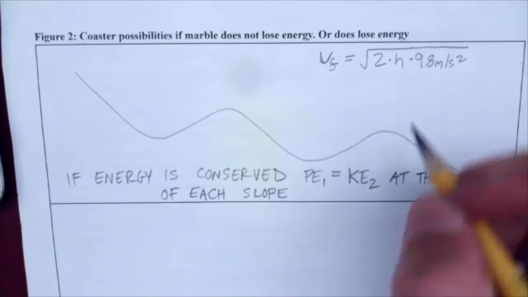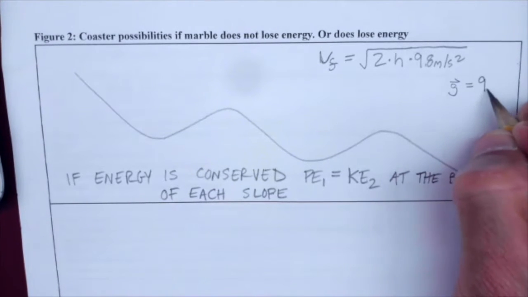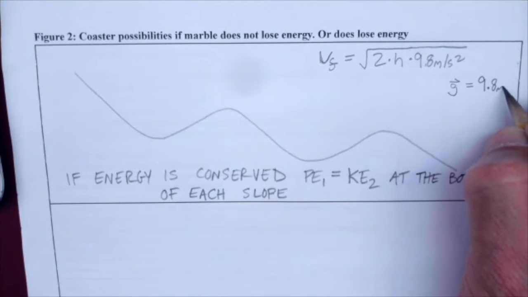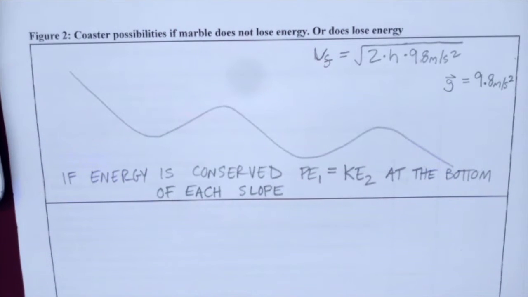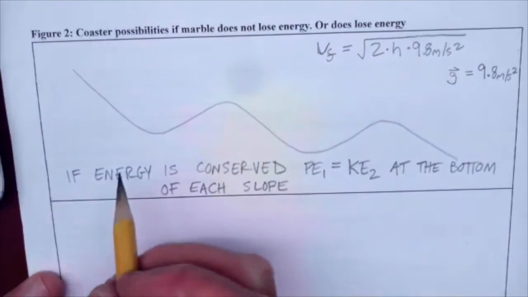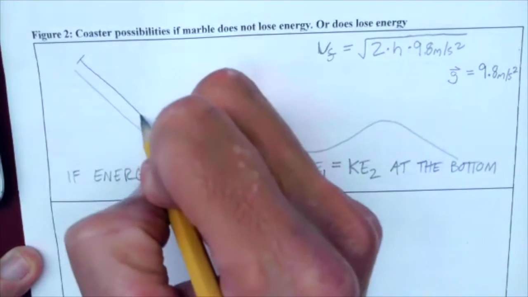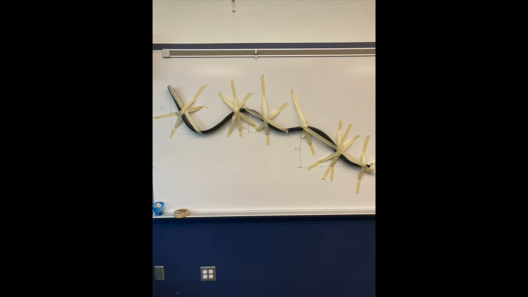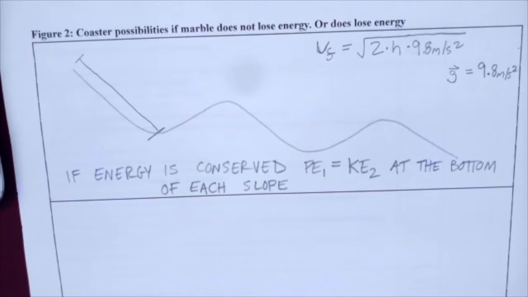Remember, little g is acceleration due to gravity for all objects on Earth in the absence of air resistance. It's 9.8 meters per second squared. So the important thing here is that if your marble travels from here to here, that is the distance the marble travels.